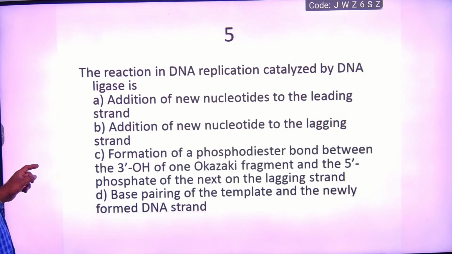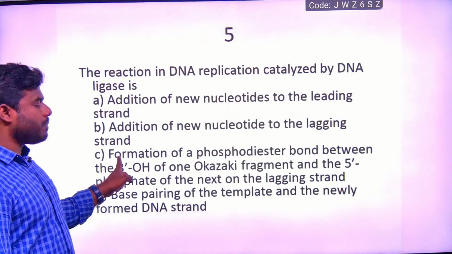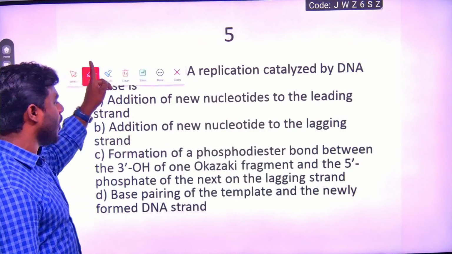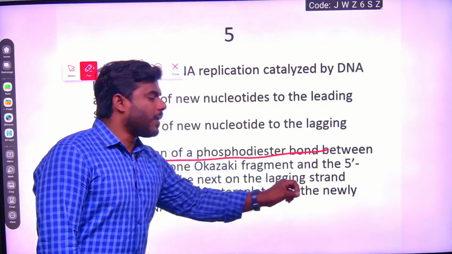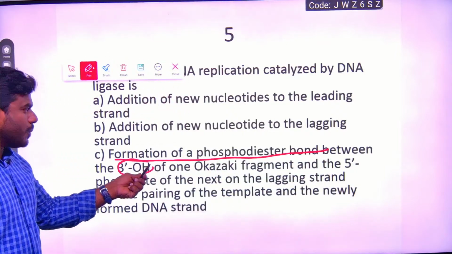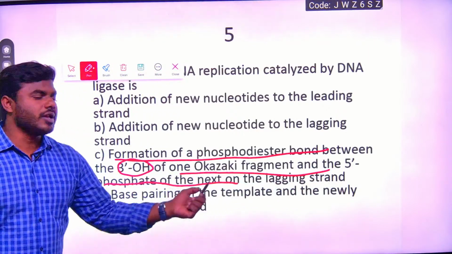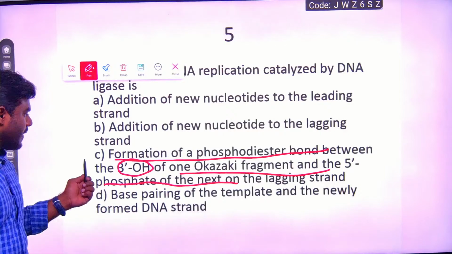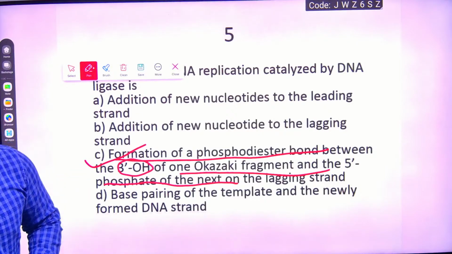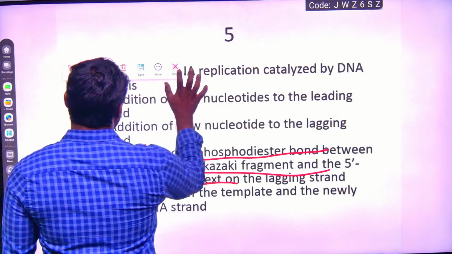So ligase is the one generally involved in the formation of the phosphodiester bond, and we know very well the phosphodiester bond is always formed between the 3 prime hydroxyl group of one nucleotide and the 5 prime phosphate of another nucleotide. There is no doubt about it. The answer will be C. Right, clear everyone?